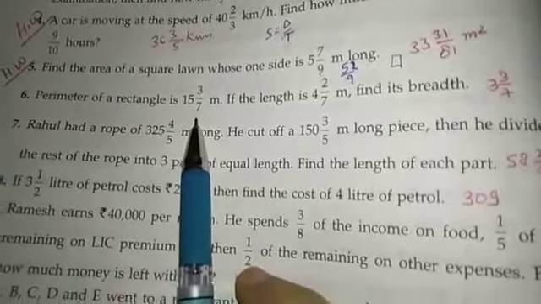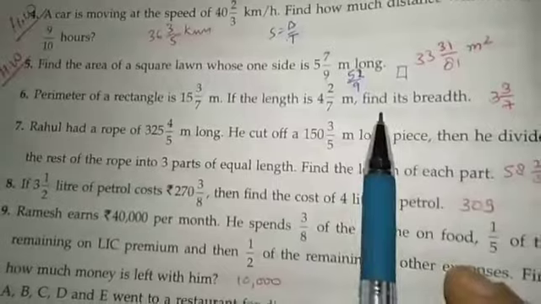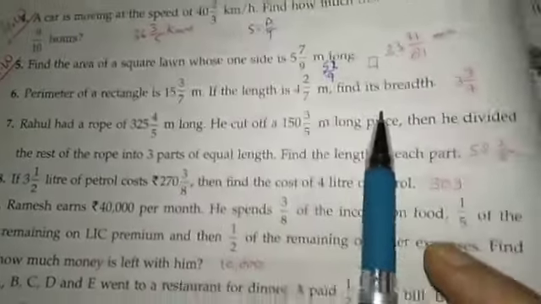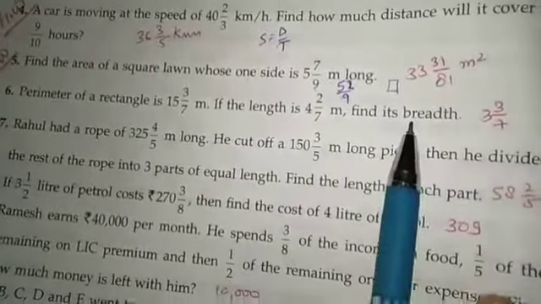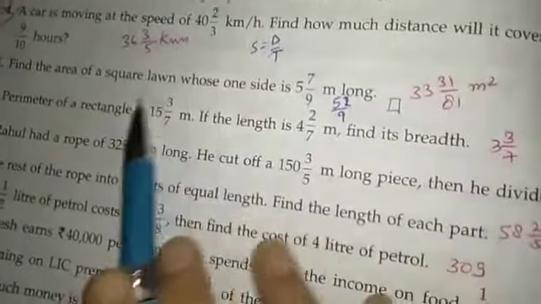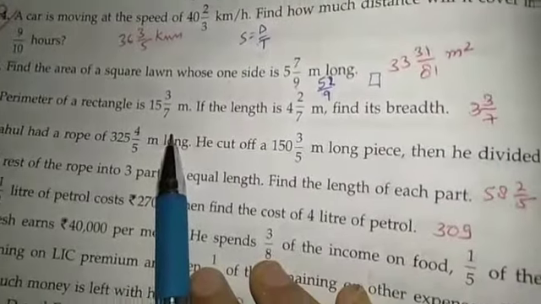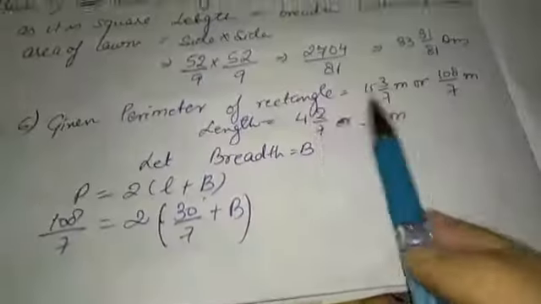Look at question number 6. Perimeter of a rectangle is 15 3/7. If length is this, find its breadth. So we all know that perimeter is equal to 2 into (L plus B). Here the length is given. In place of breadth, we will place X and we will do the calculation and find the breadth of that particular rectangle.